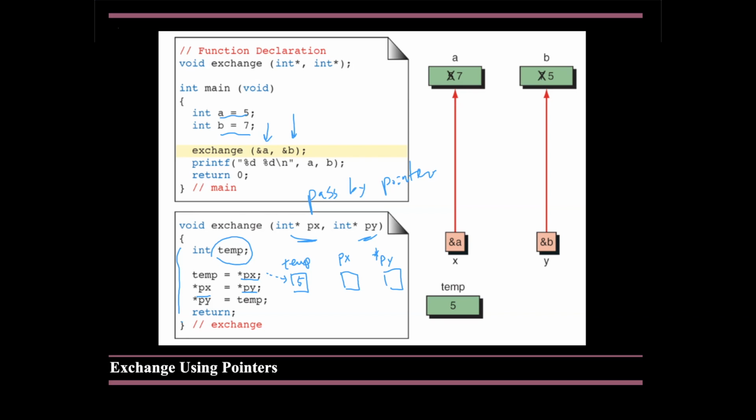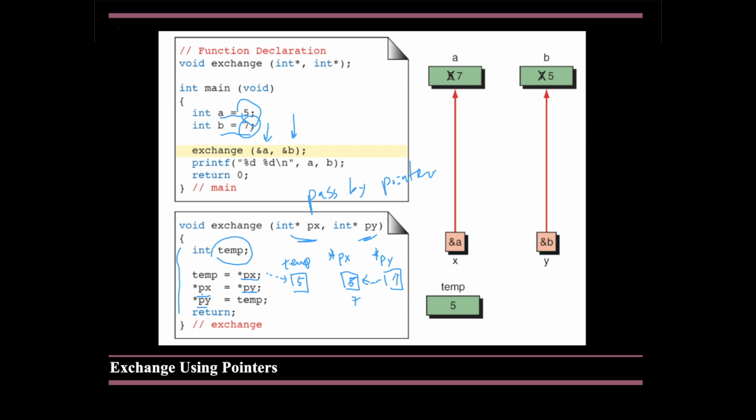If you dereference Px and Py, you get these. So Px has still got 5, and dereferenced Py is actually 7 here. If we set dereferenced Px equal to dereferenced Py, we're setting this to be 7. But Py, when you dereference it, still has 7 here, which is the value of B.